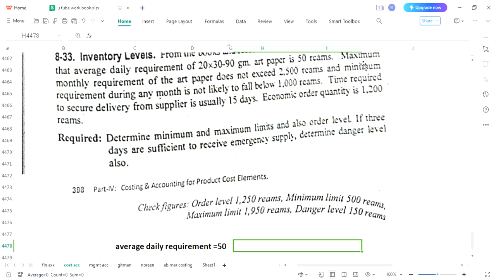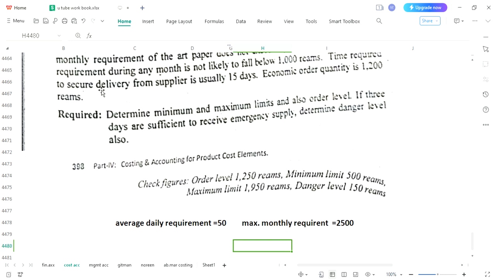Note: maximum monthly requirement. So the first difference has been created. Have you noticed that your average requirement was given per day and the maximum requirement is given per month? This is the first change, which is not synchronized and not equally related to the other factors, so we'll have to change it. Daily and monthly are not matched.